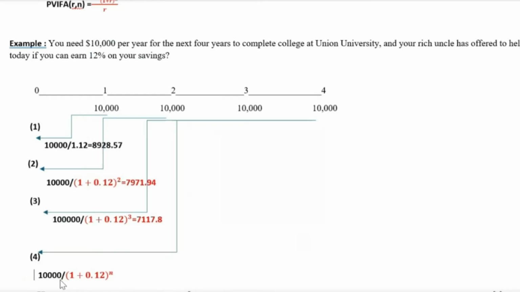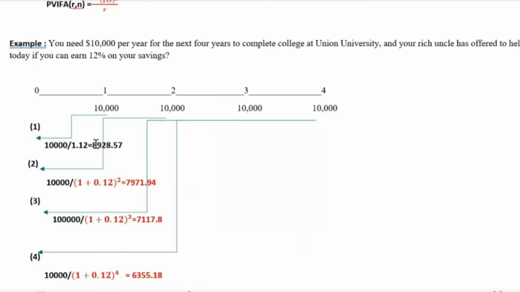This is the last one. So we discount this, and we find the present value of $10,000 in year 4 is 6355.18.